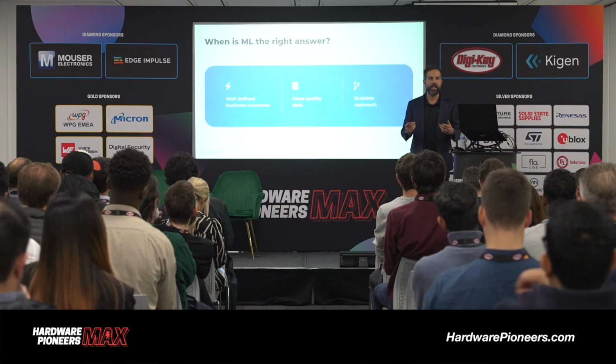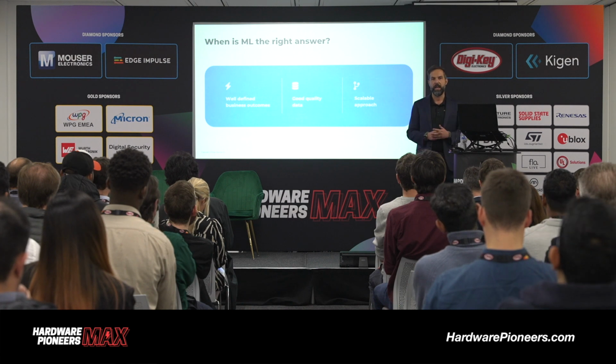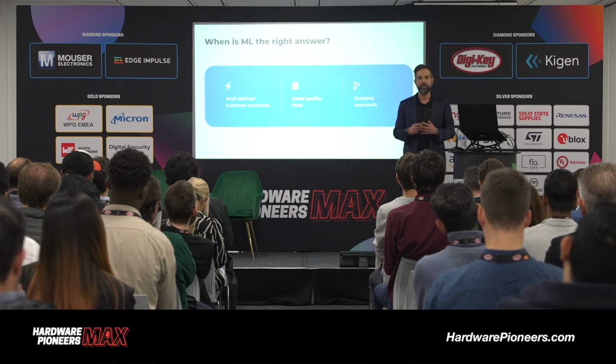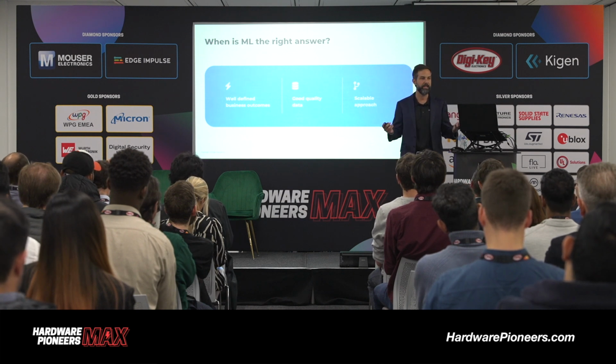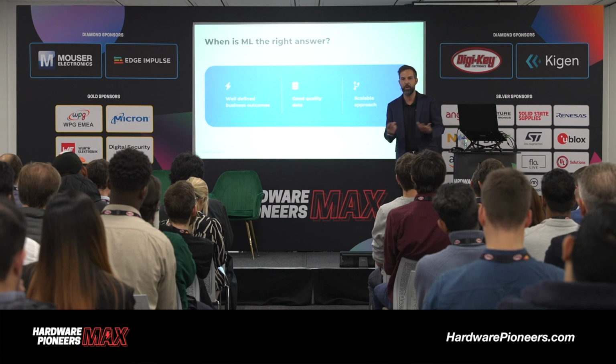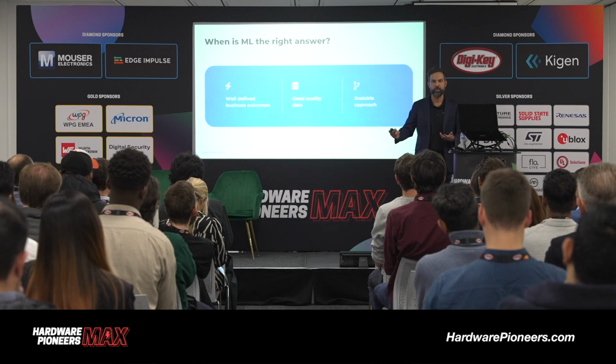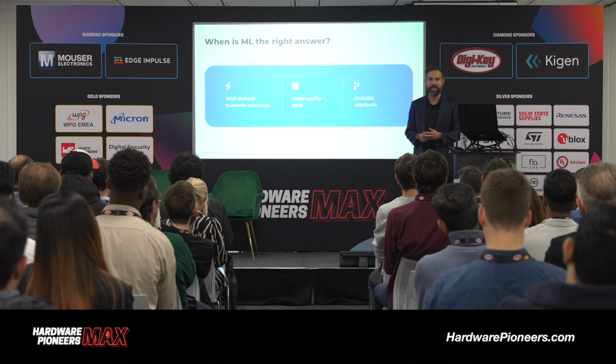Because at the end of the day, you're going to get a model that's going to tell you 95% of the time, I'm certain that this is a dog. Is that good enough? I don't know. It depends on your business outcome, on your business goal. It depends on what you're actually trying to improve, what cost reduction you're trying to hit.